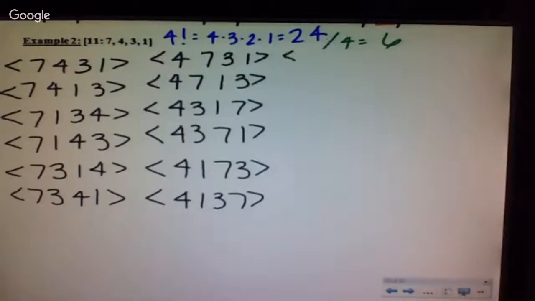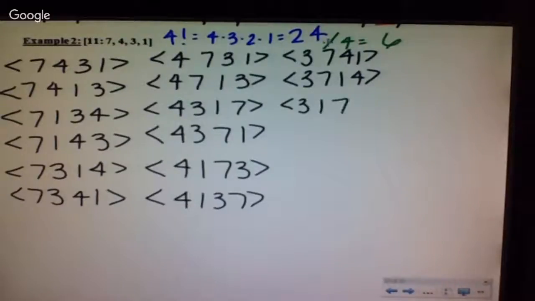Okay, I need to have 6 that start with 3. So 3 7 4 1. 3 7 1 4. You don't need a lot of space.